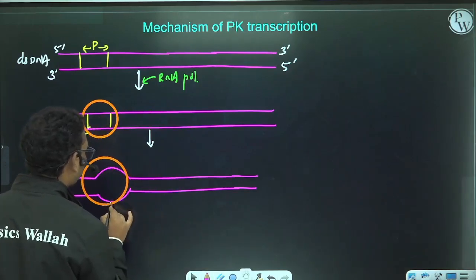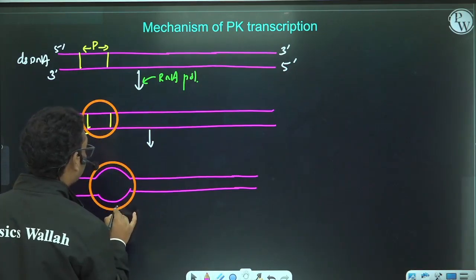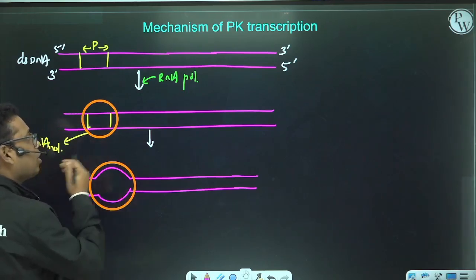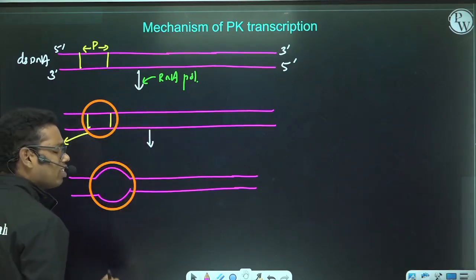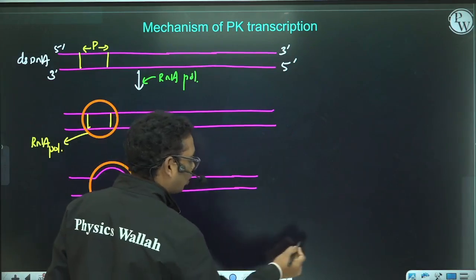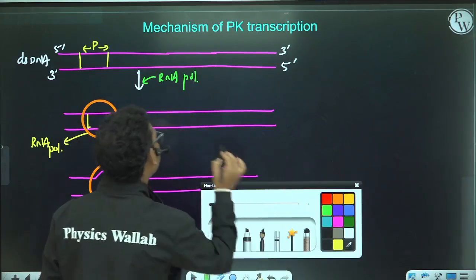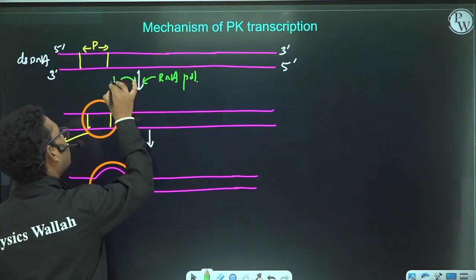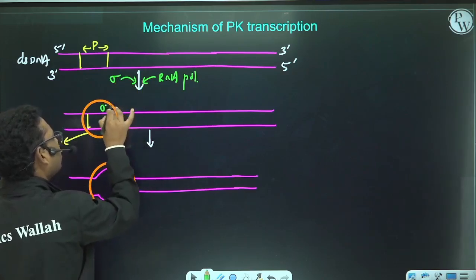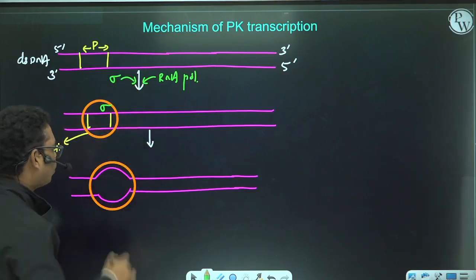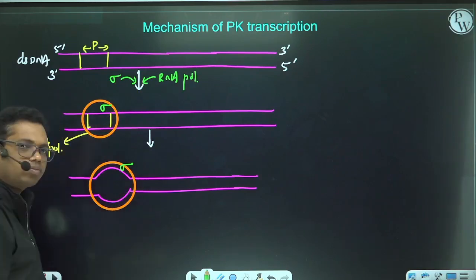Do you think the RNA polymerase alone will go and bind? No, it cannot initiate. So along with RNA polymerase, the sigma factor will also go and bind. So here the sigma factor is also present.